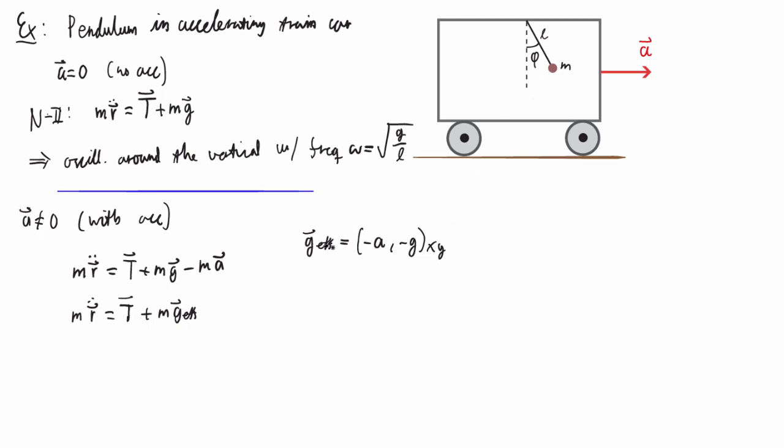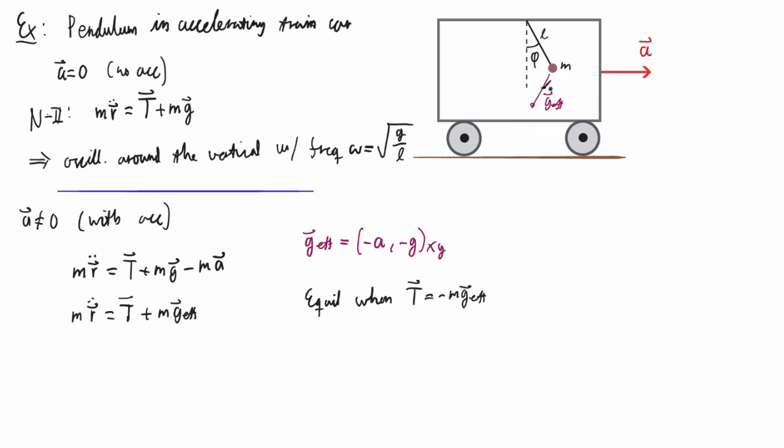So the direction of g effective, if we were to draw it here somewhere, is something like that, pointing towards the downward left. Now we know that we have equilibrium when the tension is equal to minus mg effective, or when the forces add up to 0.